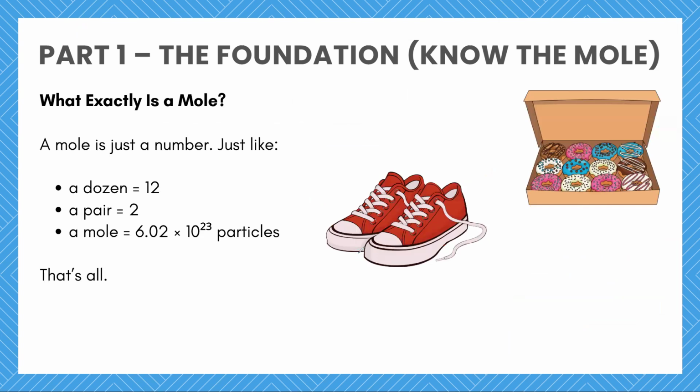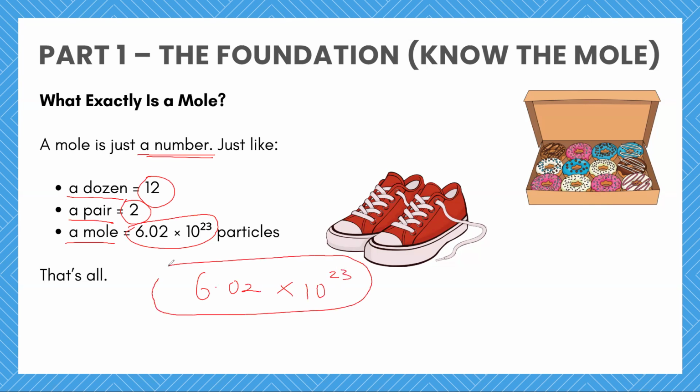So what exactly is a mole? This is an introductory video where we're breaking everything down bit by bit. A mole is just a number. Simple as that. Just like when I say a dozen, I'm talking about 12. When I say a pair, I'm talking about two. When I say a mole, this number is what I am talking about. 6.02 multiplied by 10 raised to the power of 23.